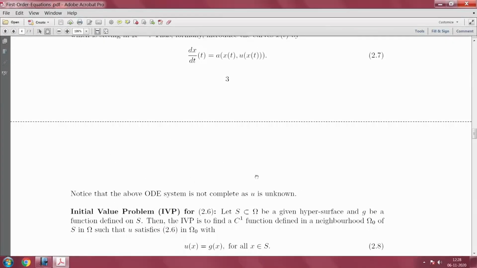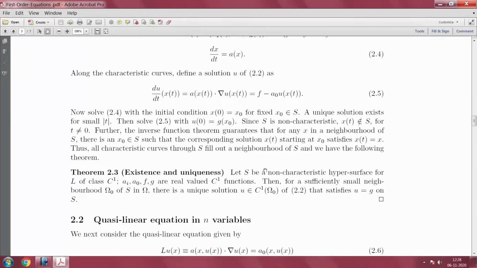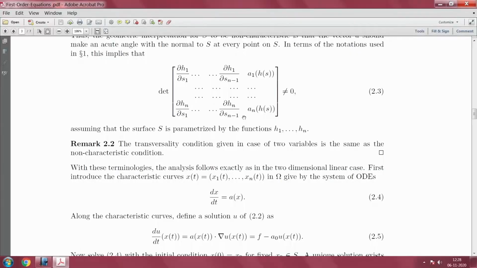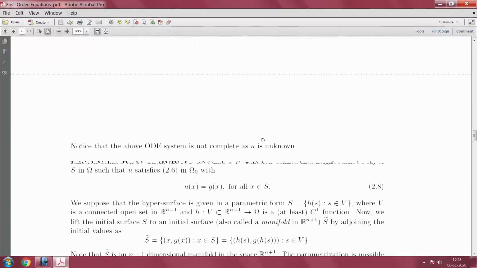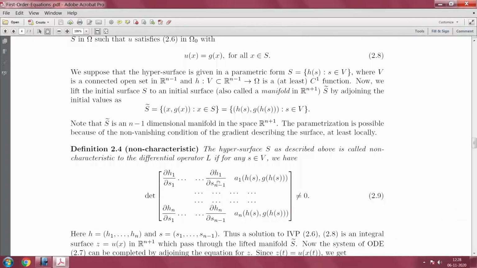And again the non-characteristic condition becomes the same thing as you see here, but now these are also functions of u. So, that you have added, and this condition is on S tilde. Okay.